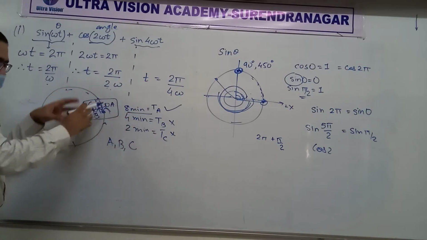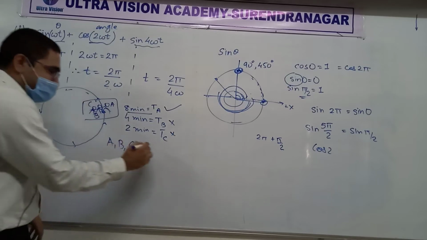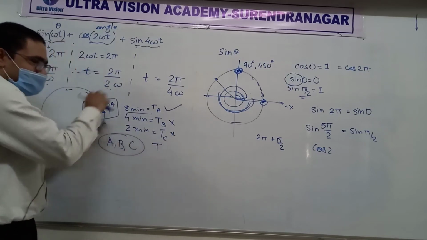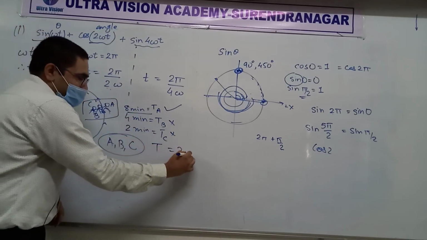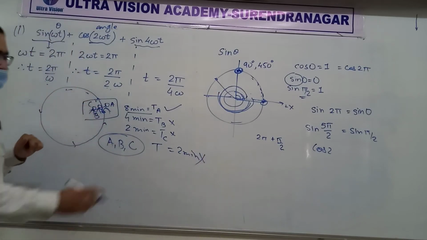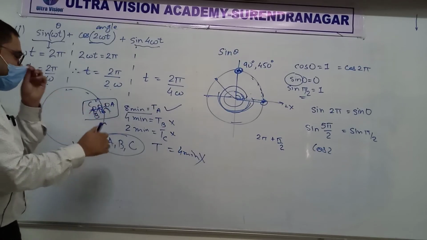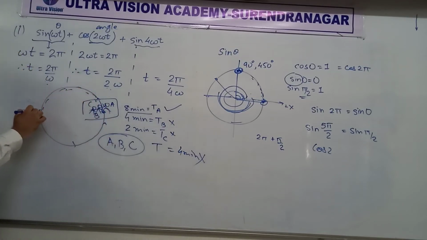The complete positioning of A, B and C is periodic. But what is its time period? Is the complete thing having a time period 2 minutes? No, because at 2 minutes A will not repeat position. Is it 4 minutes? No, not 4 also, because there also A will not finish the circle. A will be here at 4 minutes.